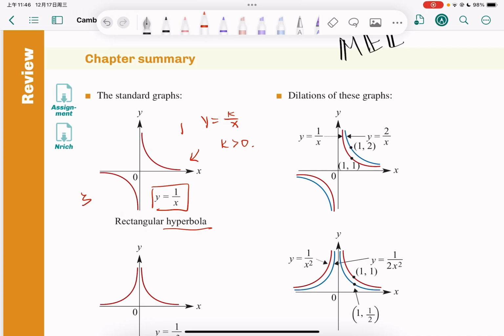What about k smaller than 0? If k is negative, then it's kind of like a reflection along the x-axis or the y-axis, which will have a graph in the second and fourth quadrant. For example, this is y equal to -2 on x.